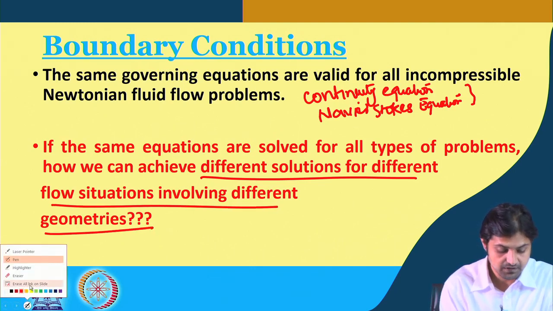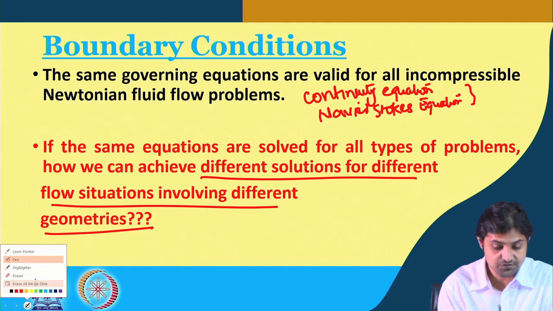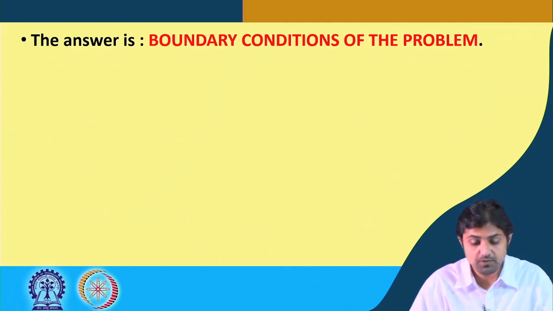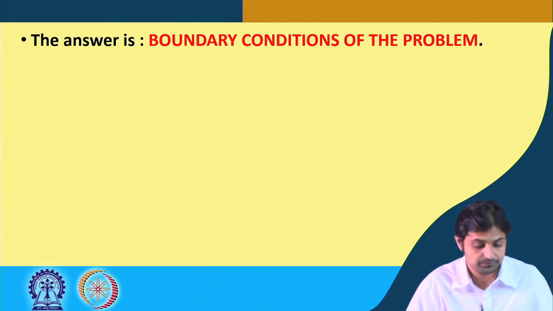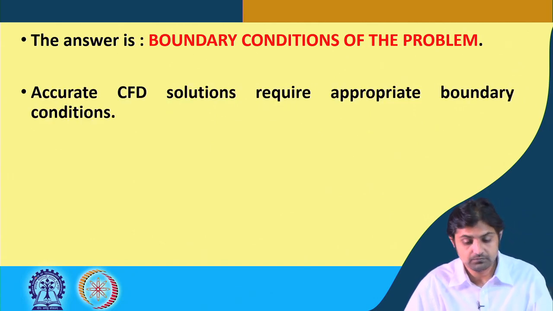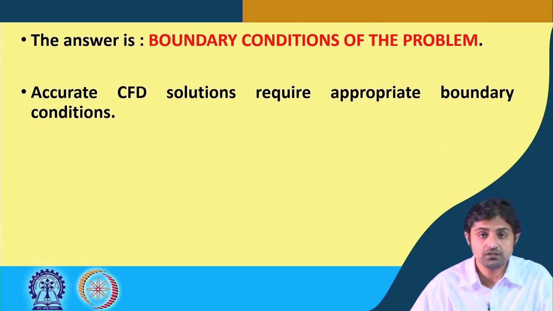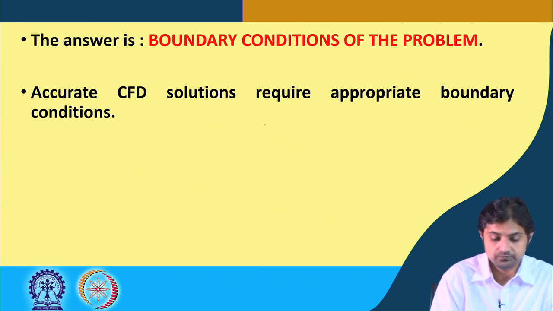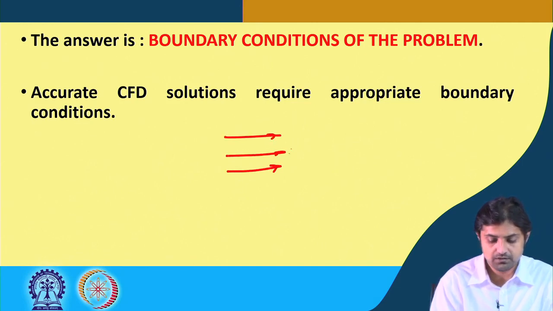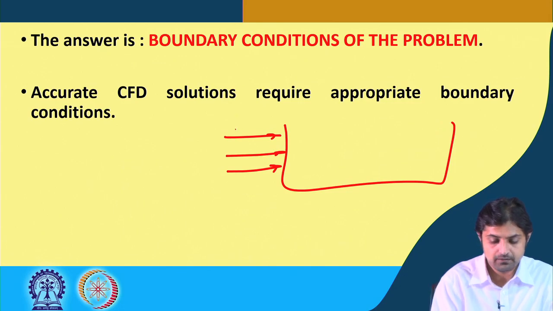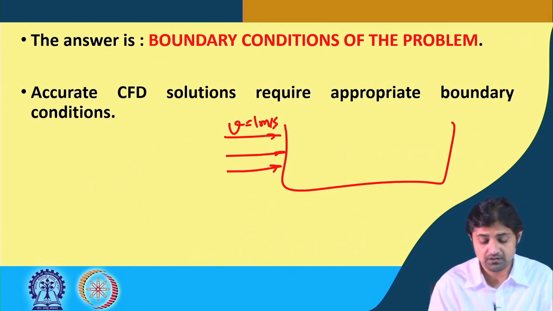And this happens because of something called boundary conditions. So the answer is boundary conditions of the problem. I will tell you what that is. For example, if the flow is occurring right in a tank itself, the velocity is 1 meter per second. This is one continuously occurring, right.